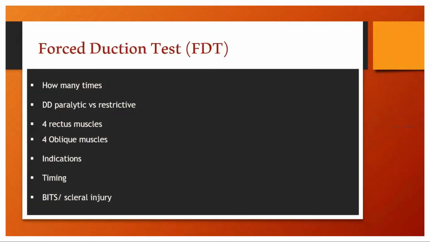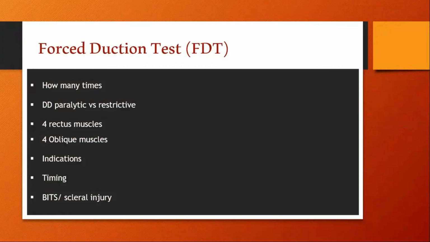Coming now to forced duction test. Generally, we use forced duction test when we have a limitation in the movement. The limitation could be paralytic or restrictive, or a combination of both. And when we do forced duction test for obliques, it differs from testing for rectus muscles. We will see it.